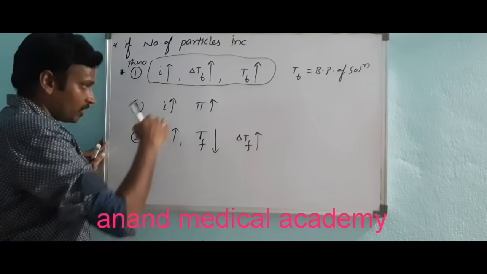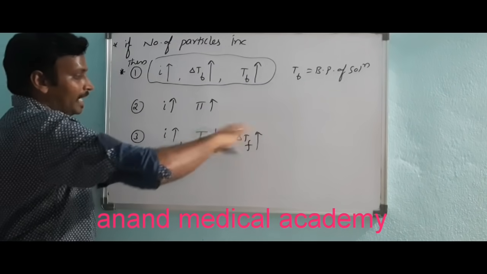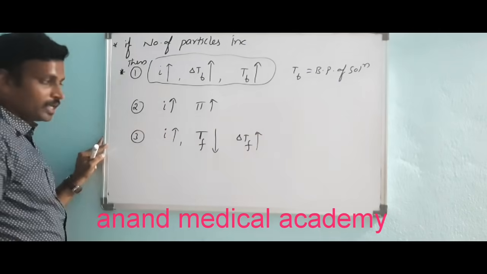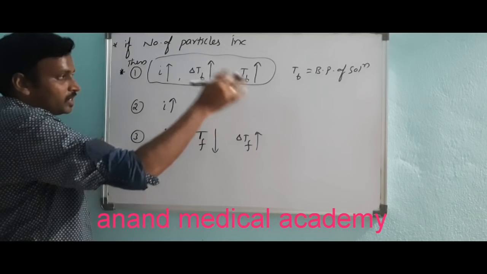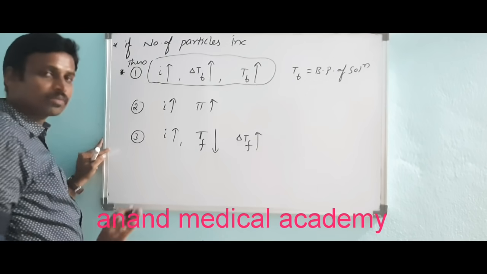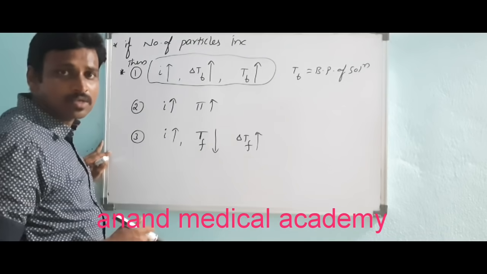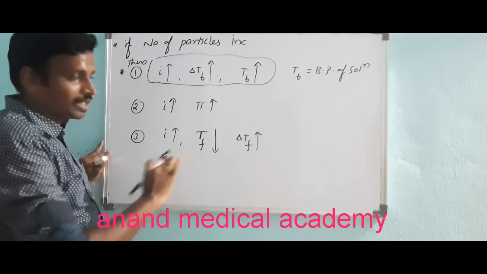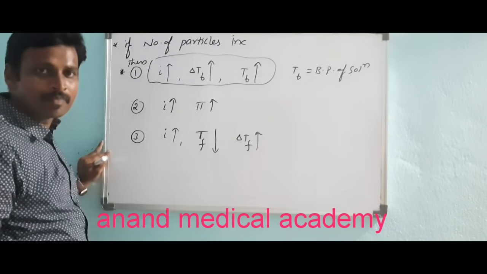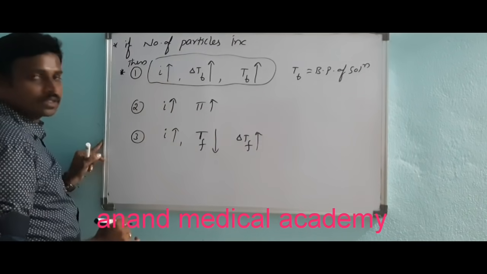All examples should be for the same medium, and then you can answer directly. If different media are given, you have to calculate individually using the formula. They won't ask that, because four options means solving four numericals. Mostly they will give one kind of medium.